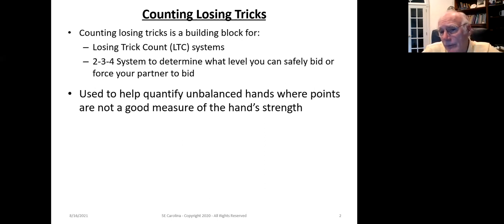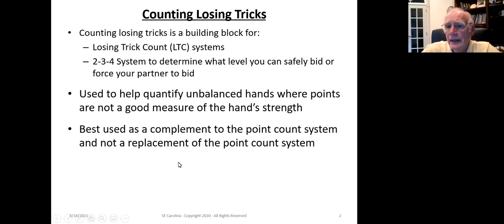So the losing trick count becomes a building block to help you quantify the strength of a hand based upon its shape. Don't look at it as a replacement for the point count system, but as a complement to it.